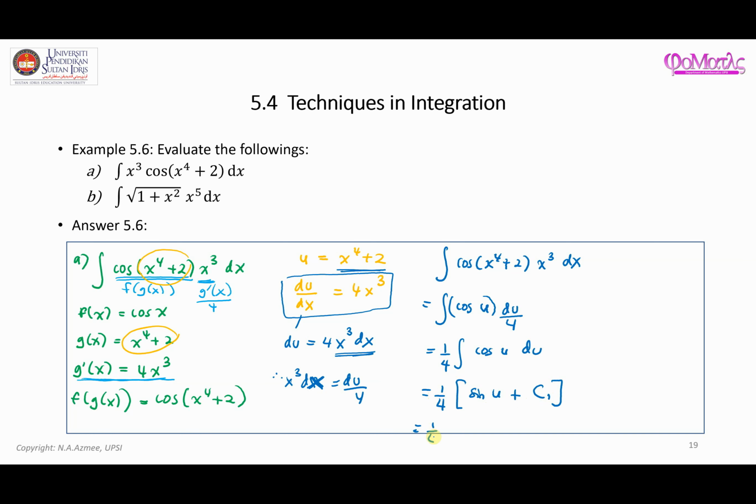So this becomes 1 over 4 sine u plus 1 over 4 times c1. And I'm just going to replace back sine u with what u is, which is x to the power of 4 plus 2. And I'm going to call this constant 1 over 4 c1 as c, one big constant here. So that's the answer to that question.